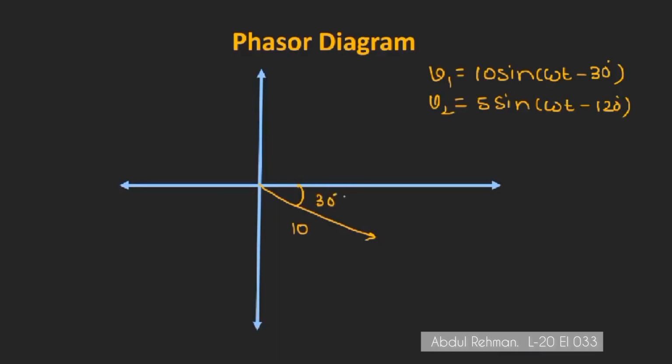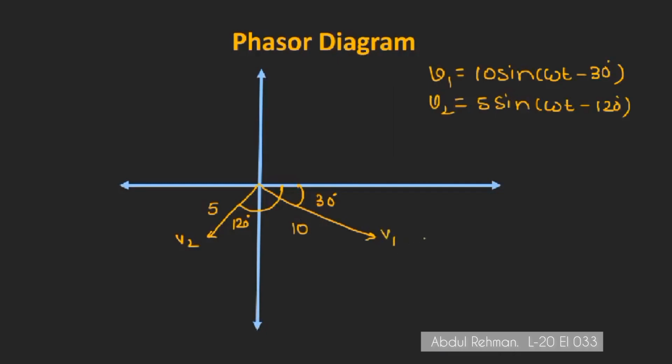For the second, we draw a vector of 5 volt amplitude with a phase shift of minus 120 degree. This is the representation of V2, and this is the representation of V1.